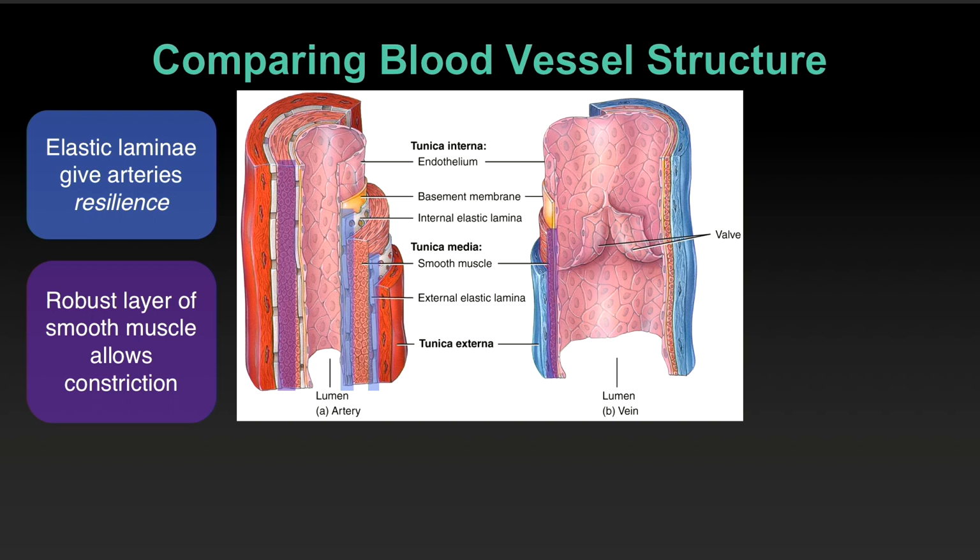So we can contract to make the vessel smaller, make the diameter smaller and more narrow. We can relax, which will open up the vessel, all in an attempt to regulate pressure and flow, which is coming in a week or 2's time. But we can constrict the contents that are in that vessel using the smooth muscle in the tunica media.